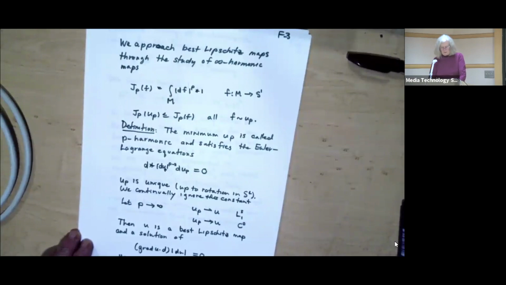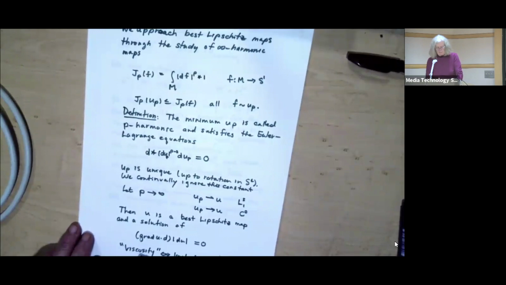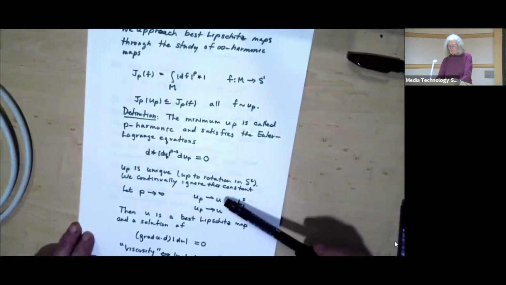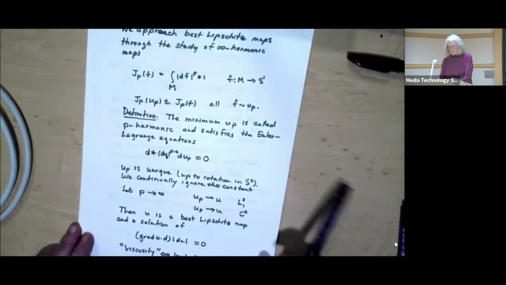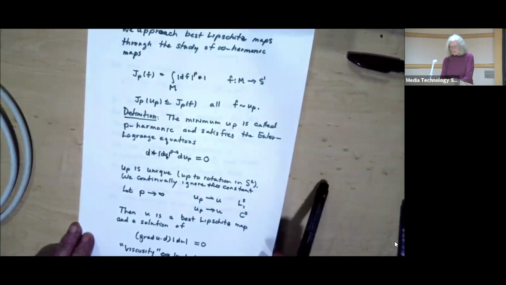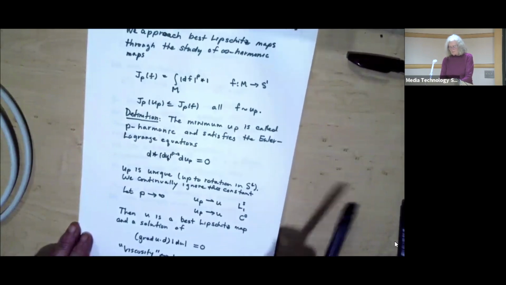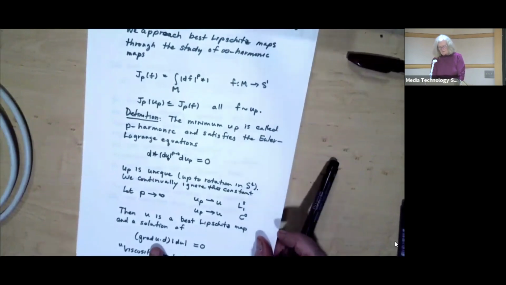As I say, we don't really need to know what viscosity is, because for our purposes we're always going to use the fact that we have a limit of these p-harmonic things. It says the norm of the derivative of the function is constant in the direction of the gradient.